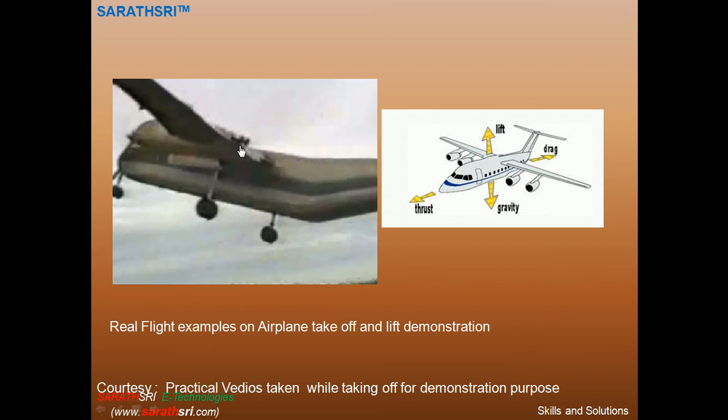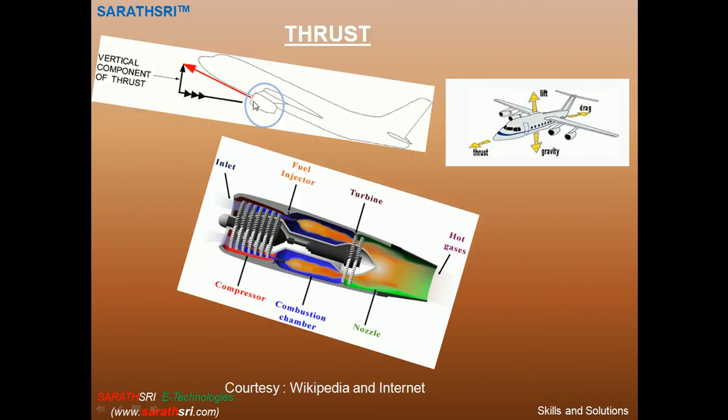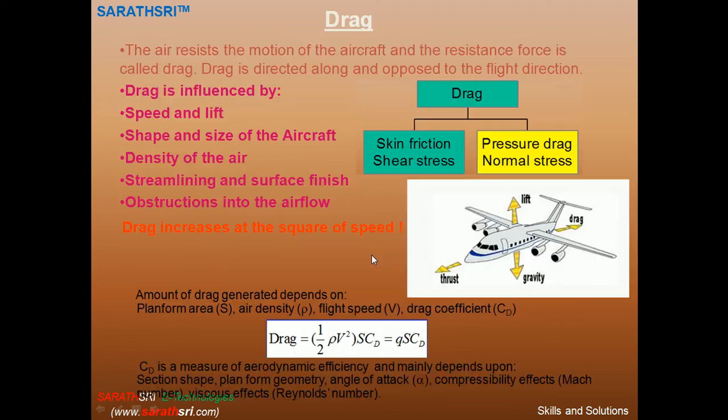So it pushes this aircraft in the forward direction. The exhaust gases will push in this direction, similarly the same relative velocity concept, Newton's third law. As the exhaust gases push, the engine will move in this direction, and in turn, the aircraft will move.